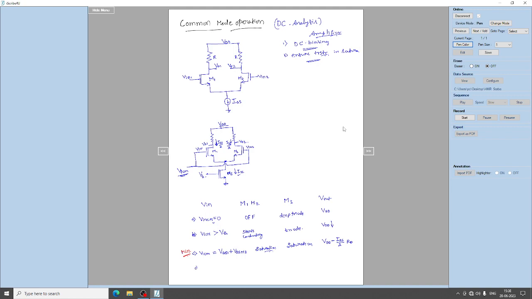If I increase it further, there will also be a maximum limit for the DC input, right? If I increase the input common mode, up to what value can I increase it? We know that for any transistor, say for example this is a transistor, we ensure that the transistor is in saturation region if the gate and drain terminals are at the same potential, right?